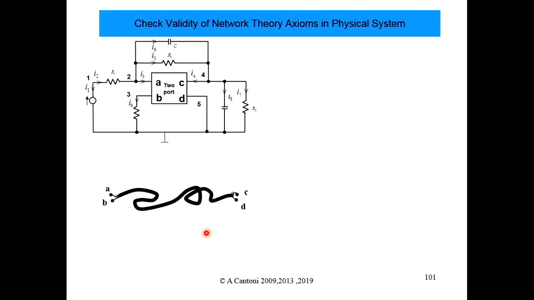Would this work? This is stretched out over a large distance. Could we apply circuit theory to this circuit? No, you can't. The reason is that even though A and B are local, and C and D are small, or close together and local, they're not close to each other. So where's the critical problem in this particular circuit?